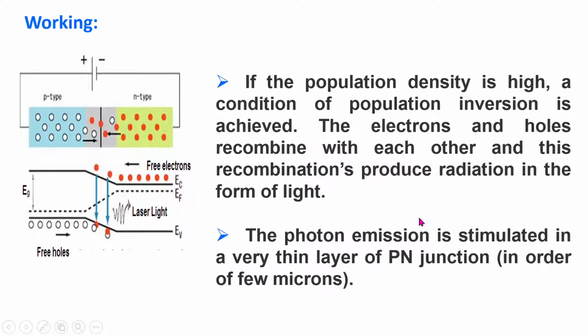If the population density is very high, a condition of population inversion is achieved, and the electrons and the holes recombine with each other, and this recombination produces radiation in the form of light. So similar to the solid and the gaseous type of laser, by using a suitable voltage across the PN junction diode, we can see here this is the excited energy level and this is the ground state energy level.